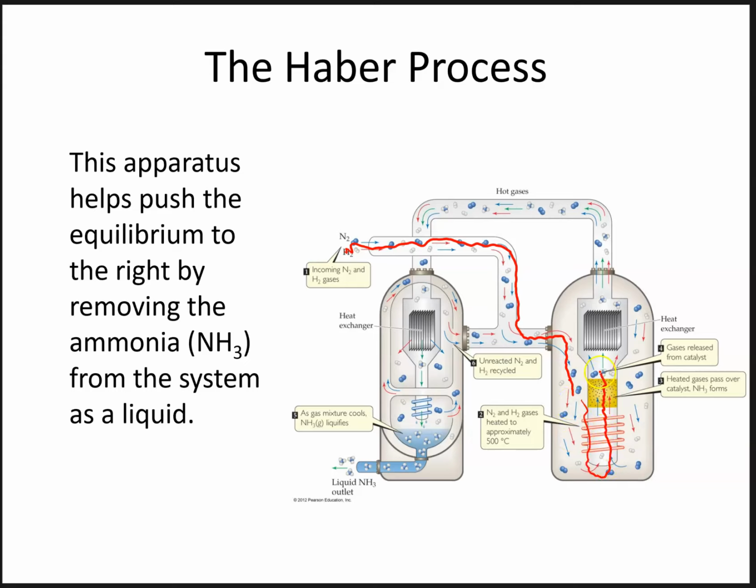It passes through a catalyst chamber to help facilitate the ammonia production, and then it's blown out into a secondary chamber here, and it cools. And in this chamber, it cools to the point where the ammonia condenses into liquid and is removed from the gas phase. So our reaction is out of equilibrium, and so the gas gets blown back into the hot chamber, and this just constantly cycles and cycles around, producing ammonia on a large quantity.